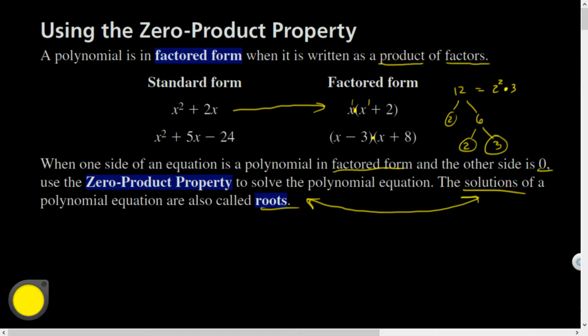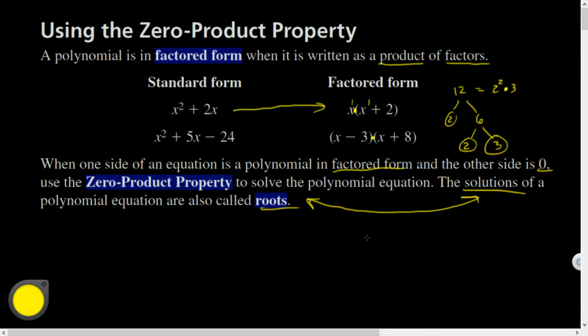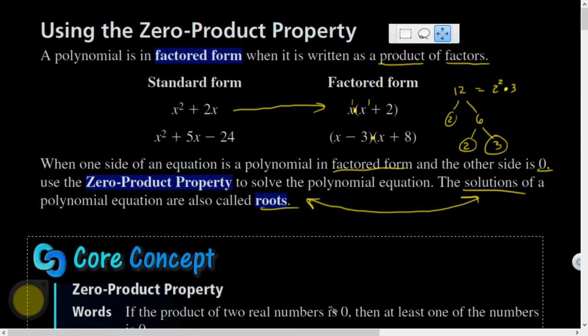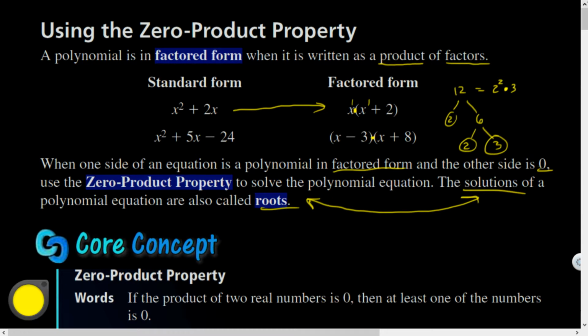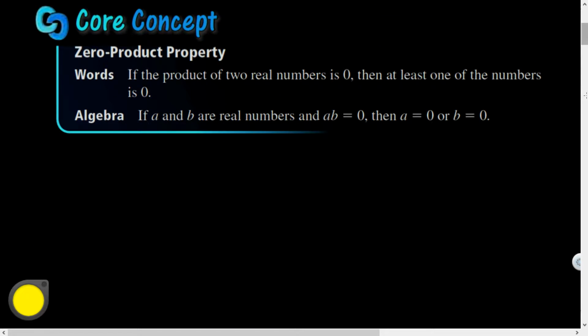So what is this zero product property? Let's find out. The zero product property says this, according to words. If the product of two real numbers is 0, then at least one of the numbers is 0.